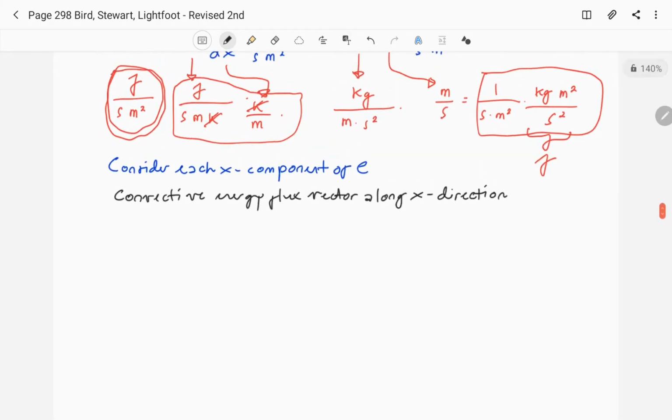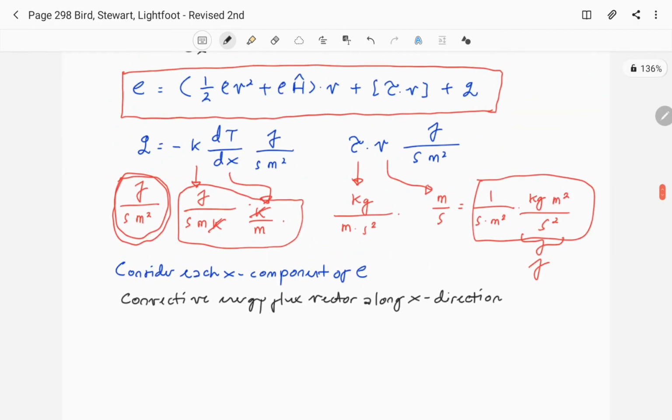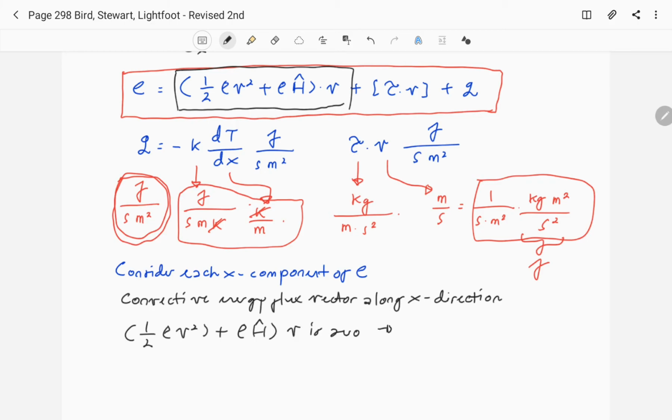As we can see in here on top, this is being represented by this particular term in here. Okay, so that one is this half rho v square plus rho multiplied by h, which represents your enthalpy, is 0 because your Vx is 0.